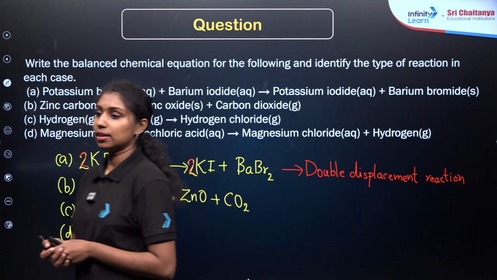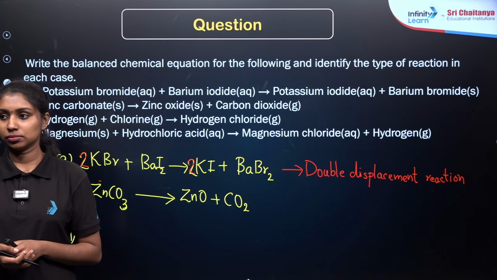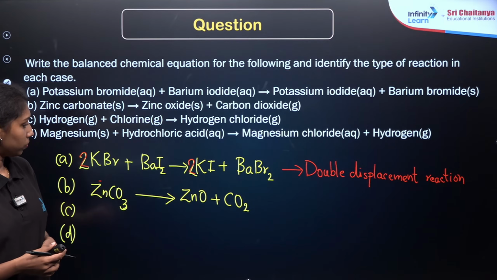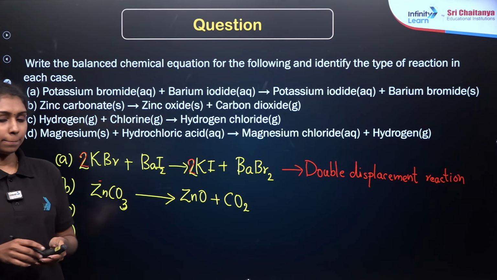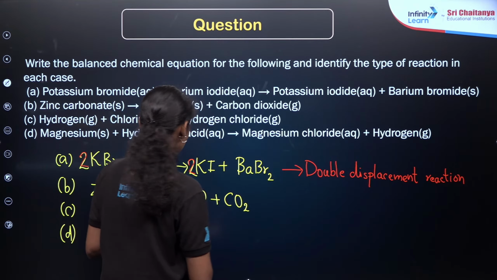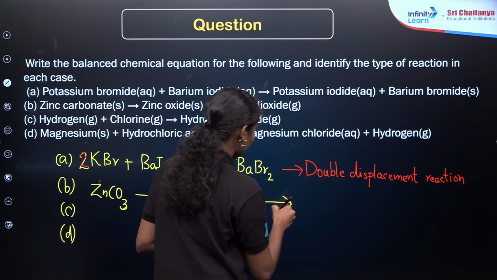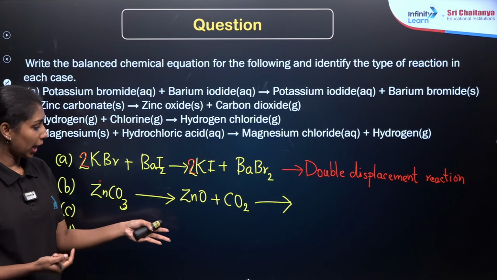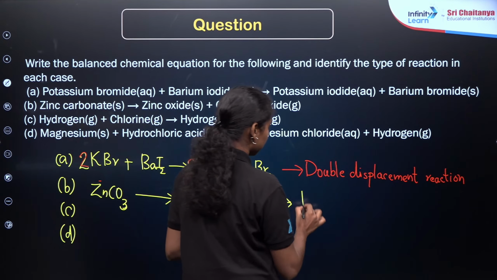It's already balanced, right? So this is completely balanced already. So which type of reaction it is? A single reactant is broken down into more than one product, right? So this is the decomposition reaction.